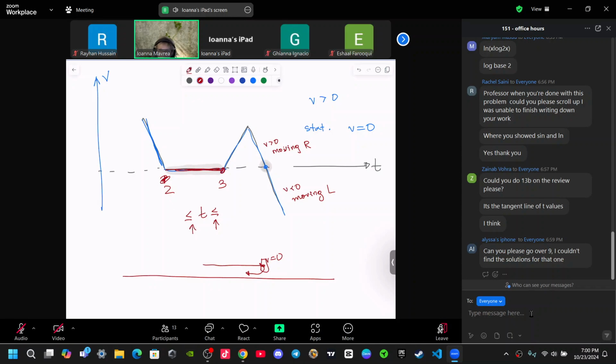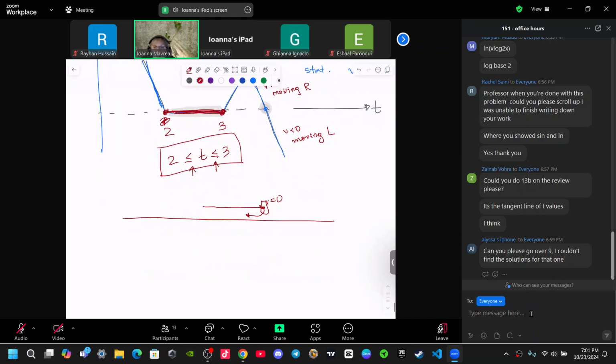In this problem, avoid all the equal signs, because all of those answers except one do not allow for equal signs. So just get rid of them. So clearly velocity 0 here, and clearly velocity 0 here. But it's also velocity 0 everywhere in between. So that's more than 1 instant. Right? So that was 13G.